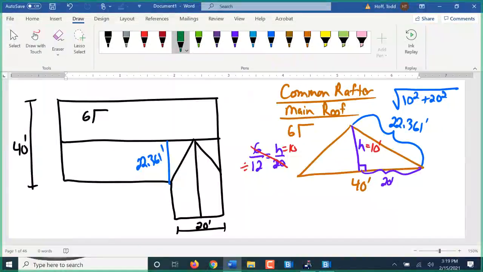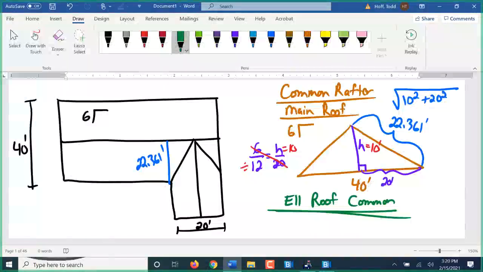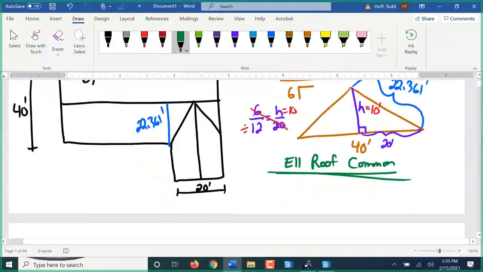Now, instead of finding the hip jack or the longest hip jack here, we have to find the L roof common. It takes the place of finding the longest hip jack. L roof common is going to be up here.